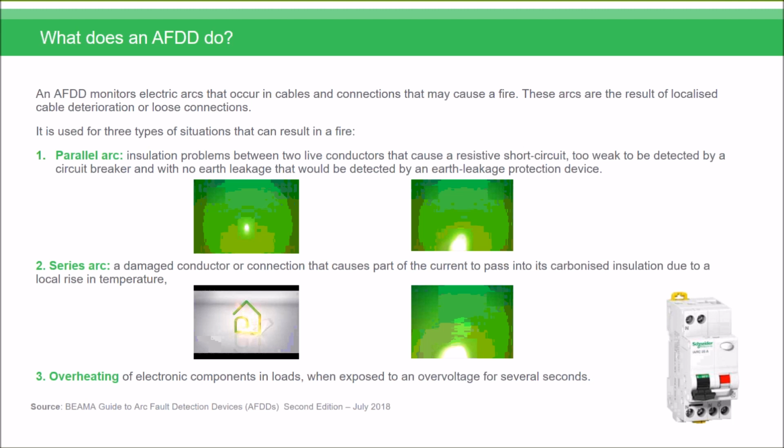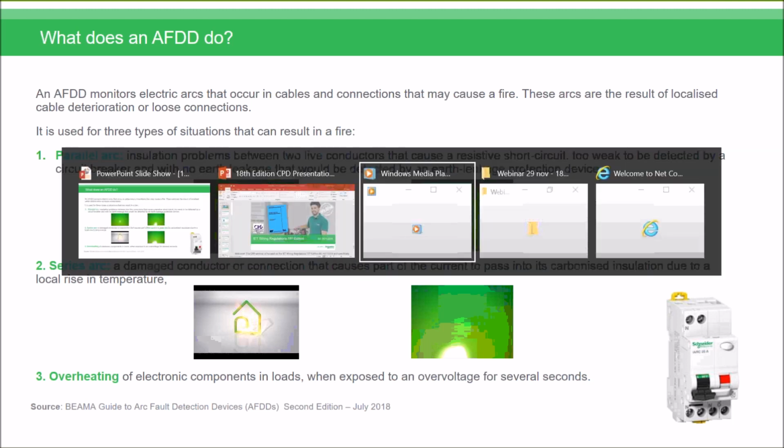So a parallel arc is where the arc current is flowing between active conductors in parallel with the load of the circuit. And what we'll do, we'll switch to some videos just to show you the instances and examples of a parallel arc.